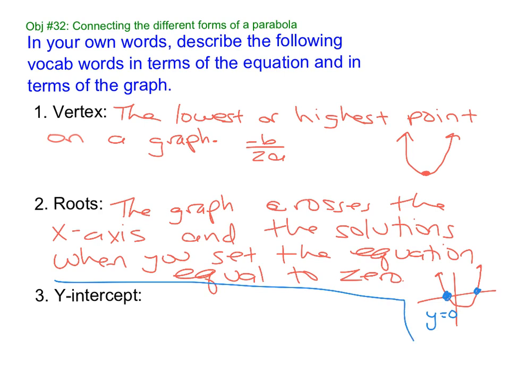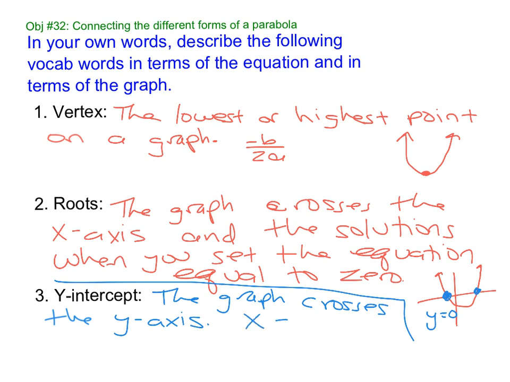And then the y-intercept is kind of the opposite. It's where the graph crosses the y-axis, and x equals 0. Right? So for that one, here's our parabola.